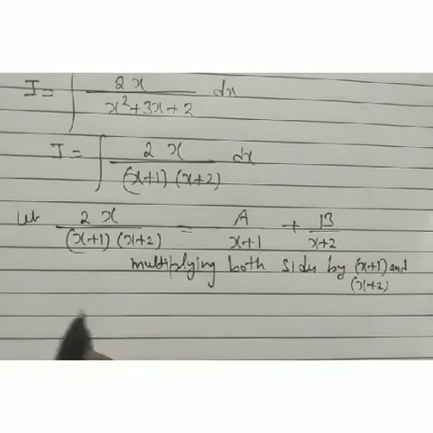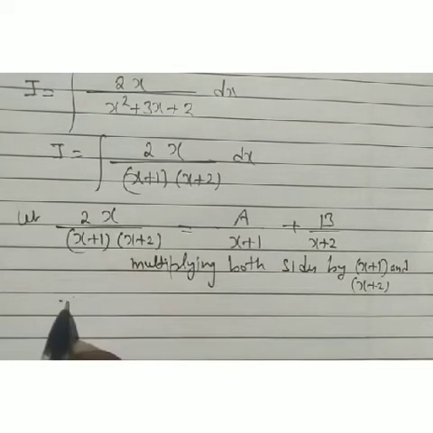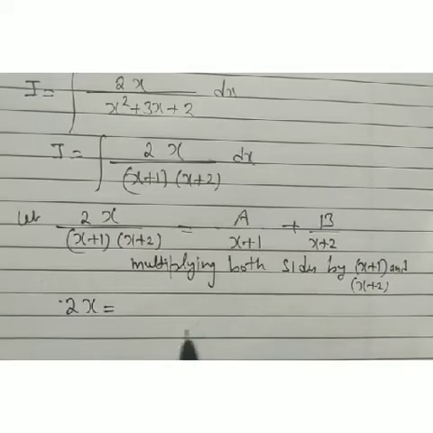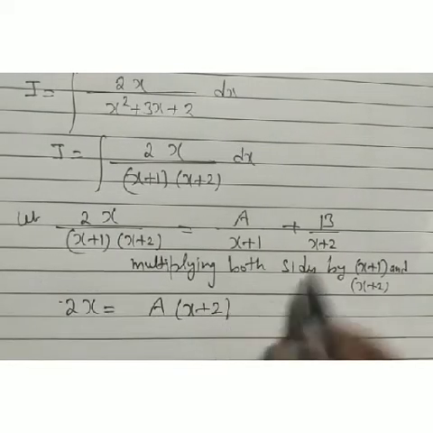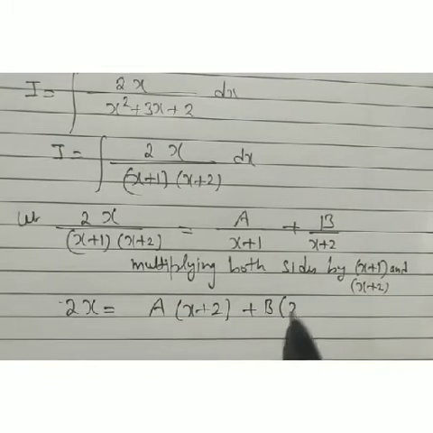Now what do we have? We have here 2x equals A times x plus 2 plus B times x plus 1.